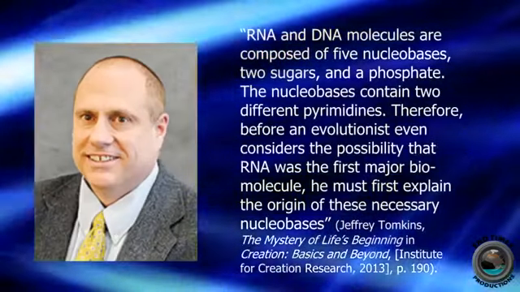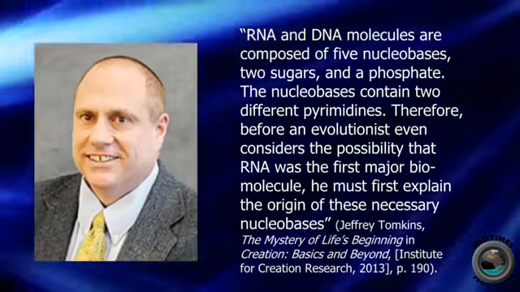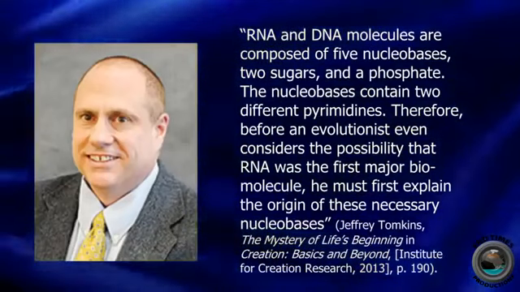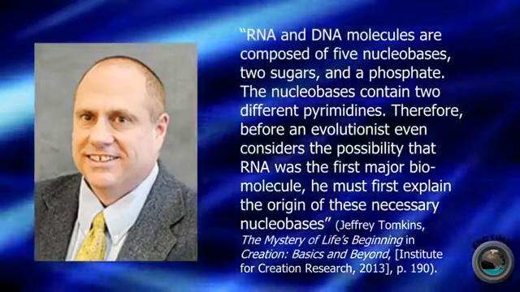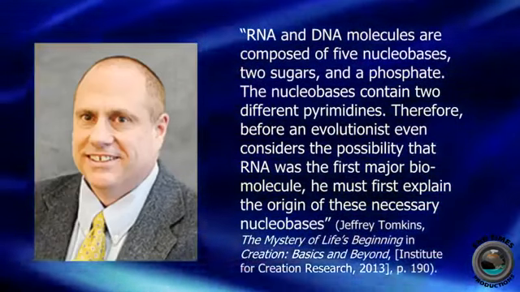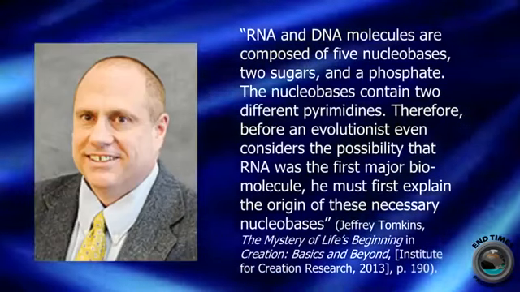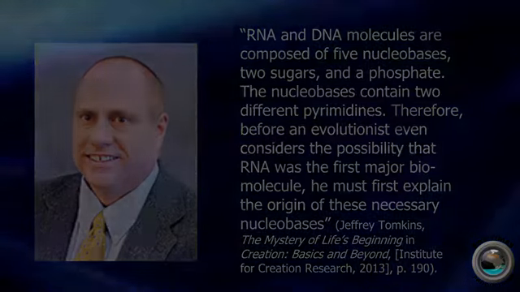For example, he notes, RNA and DNA molecules are composed of 5 nucleobases, 2 sugars, and a phosphate. The nucleobases contain 2 different pyrimidines. Therefore, before an evolutionist even considers the possibility that RNA was the first major biomolecule, he must first explain the origin of these necessary nucleobases. In his essay, he highlights other serious problems as well.